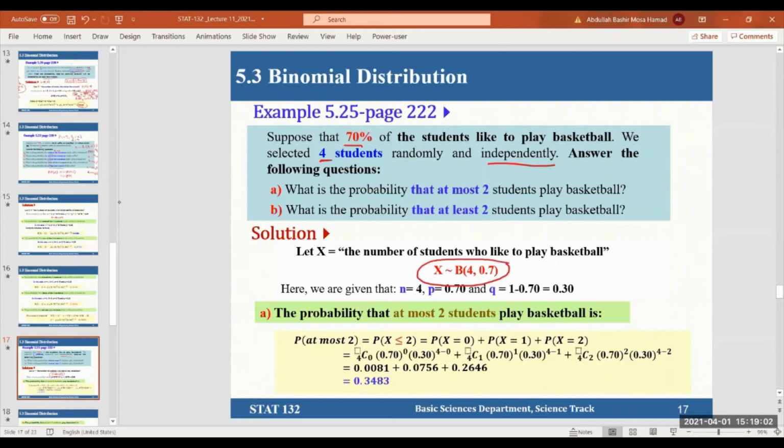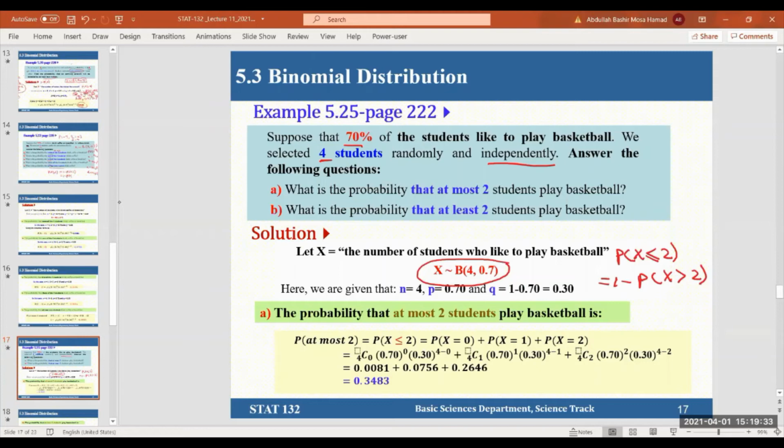What is the probability of at most 2? At most 2 means P of X less than or equal to 2, right? Actually, you can also do it like 1 minus P of X greater than 2, which is easy.